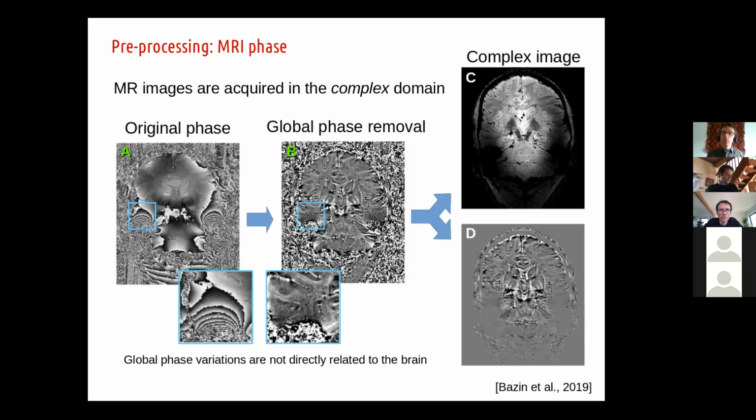So knowing that information from physics, we can try to remove the global phase shifts by doing a total variation representation of the phase. And then we subtract that, and we get images that have a lot more anatomical detail and not so much of the global variation. But that also shows that it's quite important to understand how the physics works, in order to realize that this image actually is really this image plus some sort of global variation we don't care about.